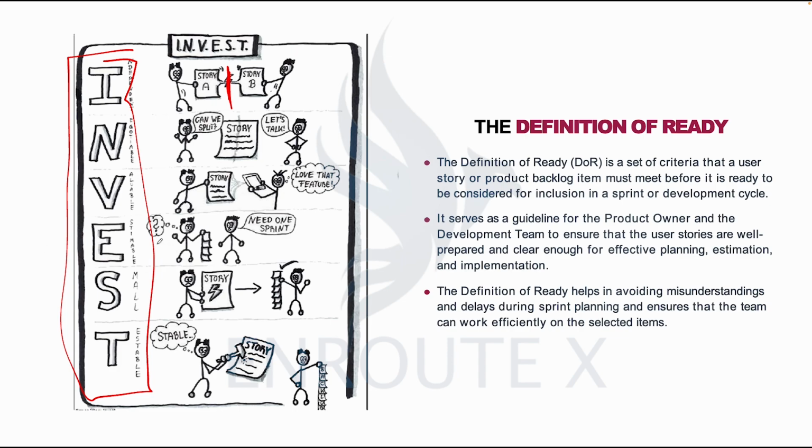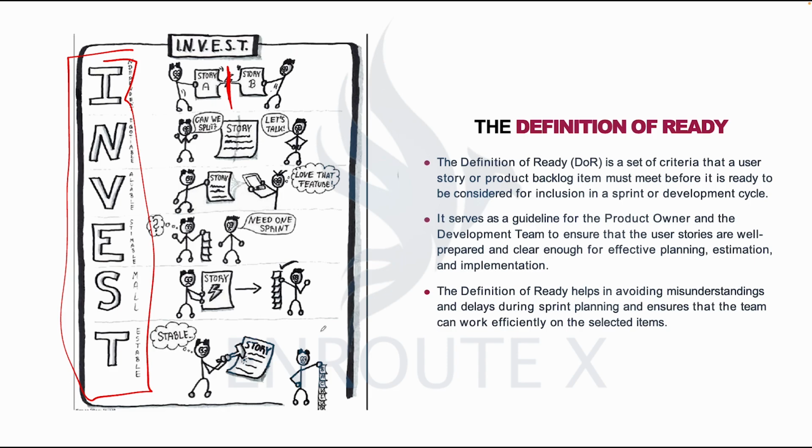E stands for estimable, we need to have an idea when that piece of story will be delivered. S stands for small, small enough to be delivered in that sprint. Then T stands for testable, meaning that it demonstrates quality. The value delivered should have quality.